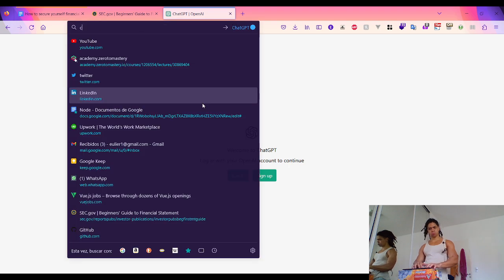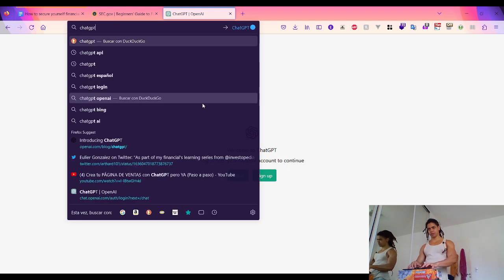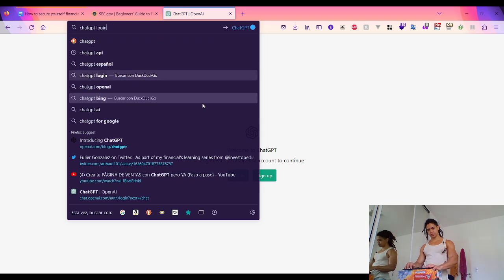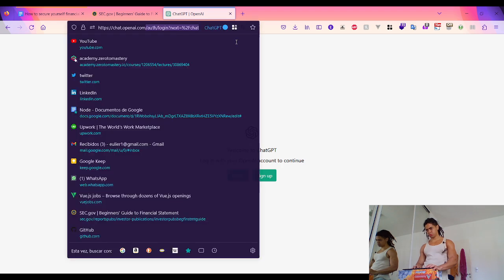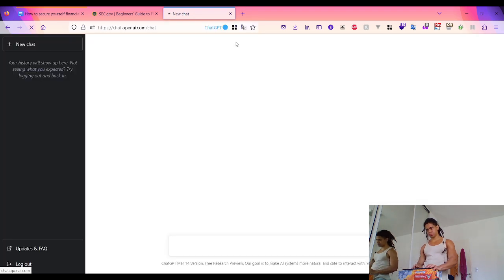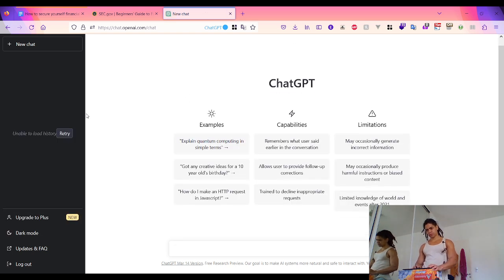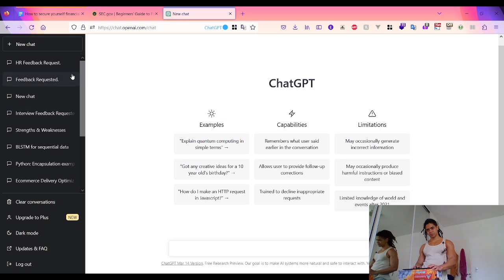No. ChatGPT. Why do I need to log in? No, I don't need to. Exactly. Okay. Unable to load history. It doesn't matter. There you got it. What the?